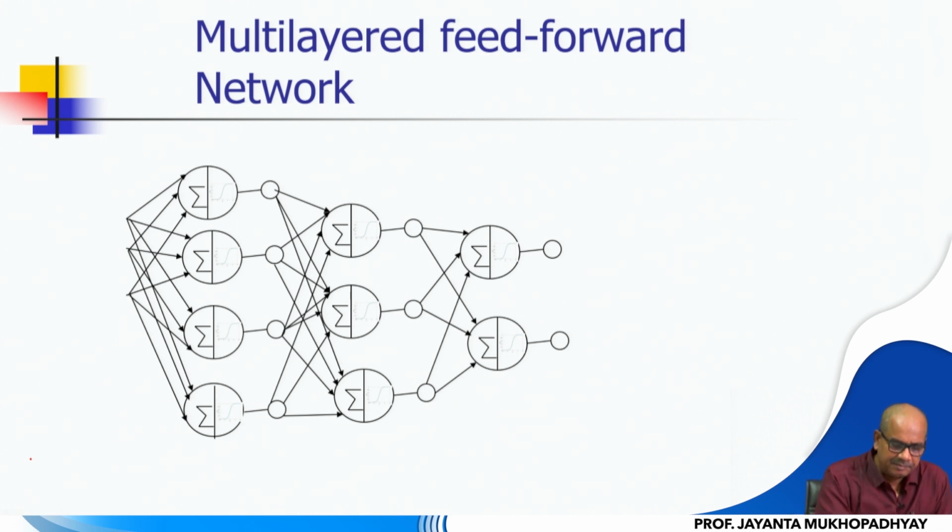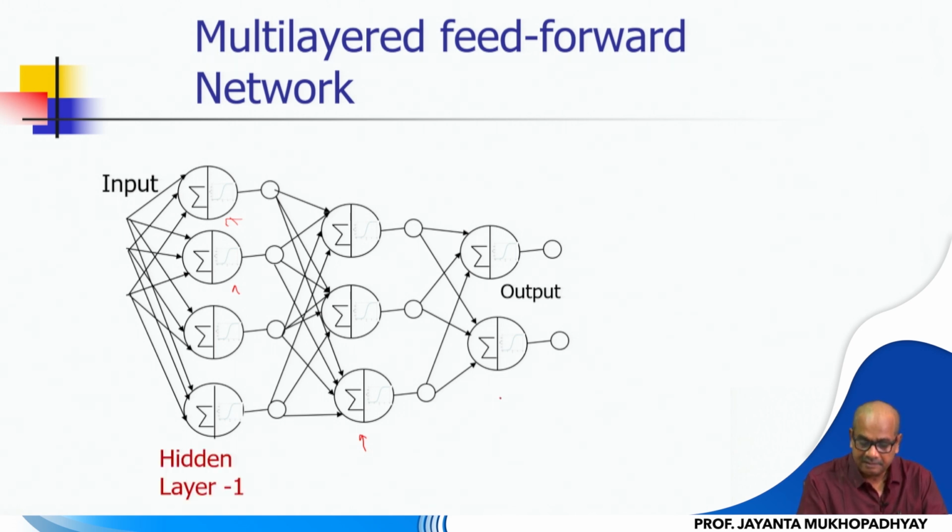You have the input layer, then it is processed, and the neurons connected to the input layer produce the output. Those outputs also become the input to the next layer. This is the next layer, and then in this architecture there is another layer which is called the output layer. From the output layer you get the output.